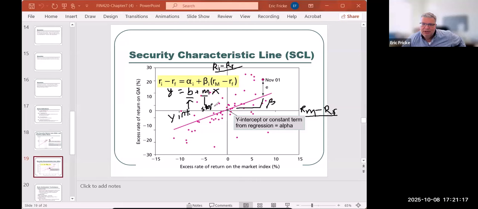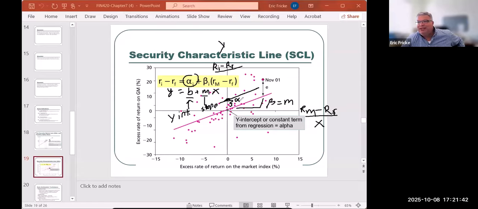So beta is basically the slope of this line. This is x, this is y, and alpha right here is the y-intercept. So if this line went through here instead, this y-intercept term would be equal to alpha.